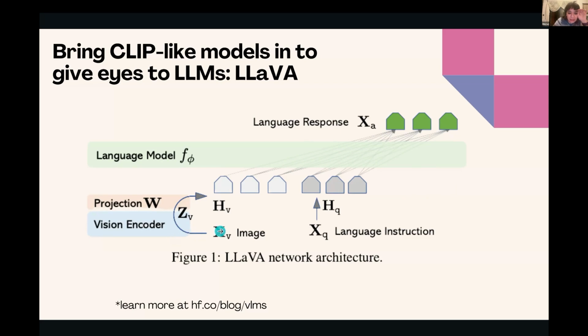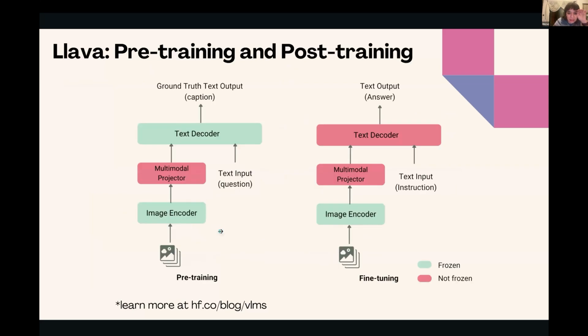So what they do is, it consists of two stages in the setup of aligning a vision language model. The first one is that you have this image encoder frozen. You do not change anything in this image encoder, and you do not change anything in the language model either.